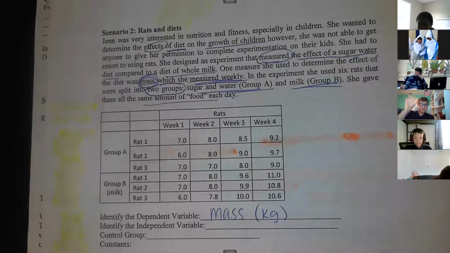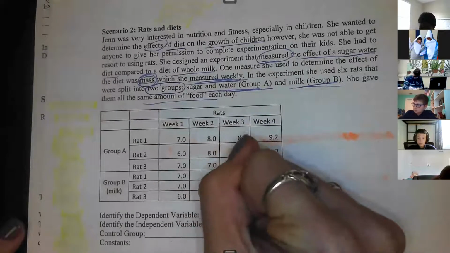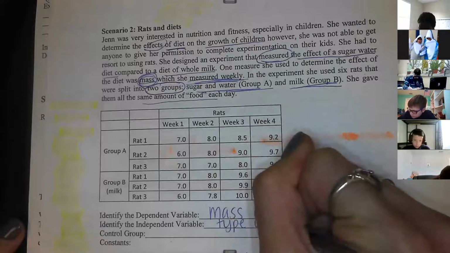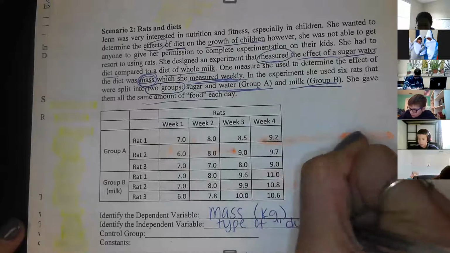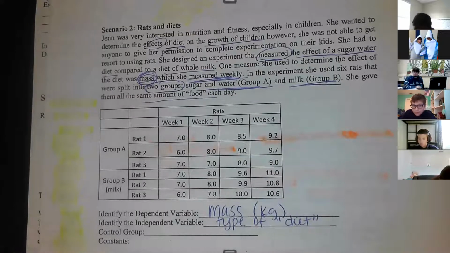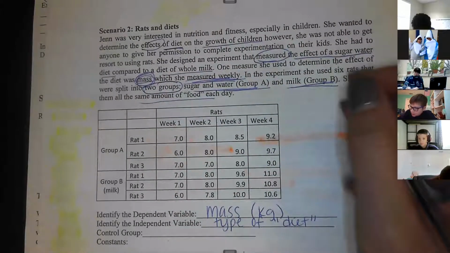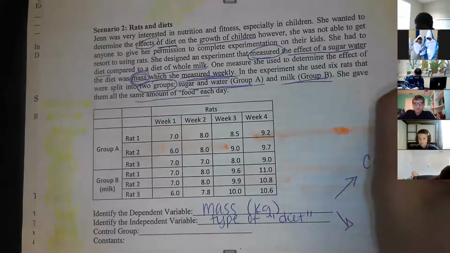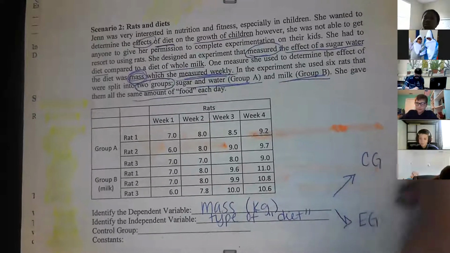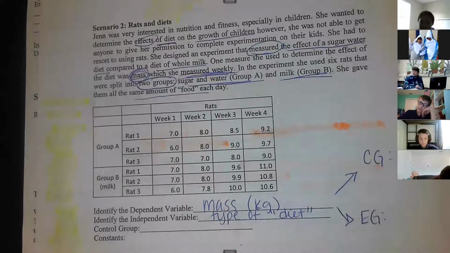What are we changing? What's their IV, Kyle? Type of food, right? Or yeah, diet. Yeah, we'll just say type of quote unquote diet. So what are our two groups then? We have the control group and the experimental group. Which one would be the control?